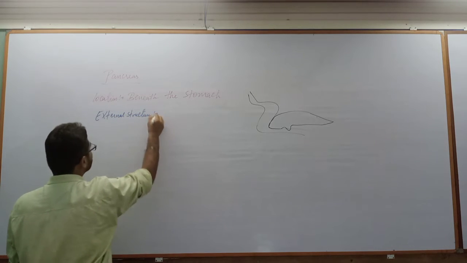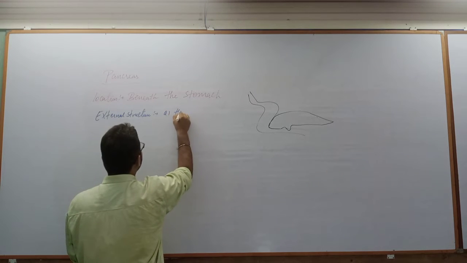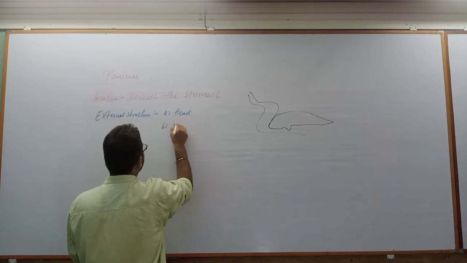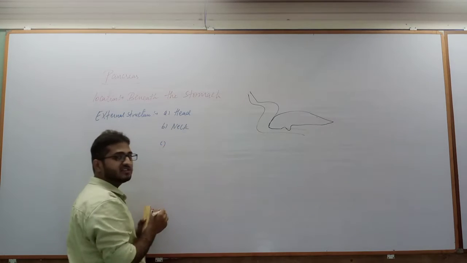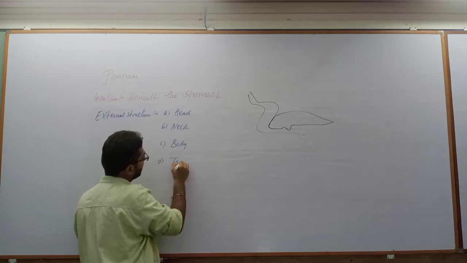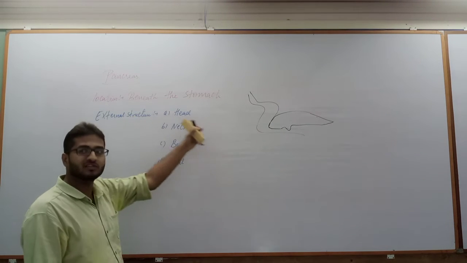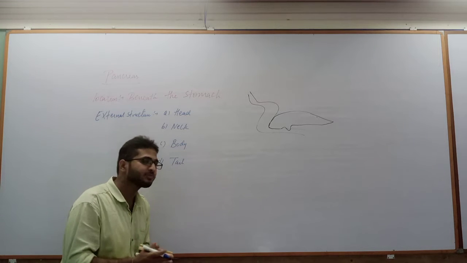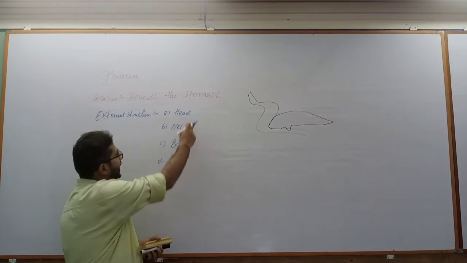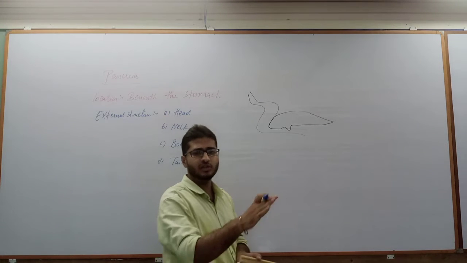The external structure comprises 4 parts: head, neck, third is the main body of the pancreas, and the fourth is the tail part of the pancreas. So the 4 external structures present in the pancreas are head, neck, body and tail. So let us label all these 4 parts.